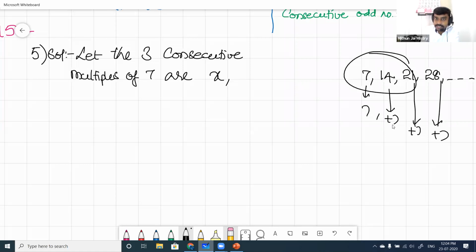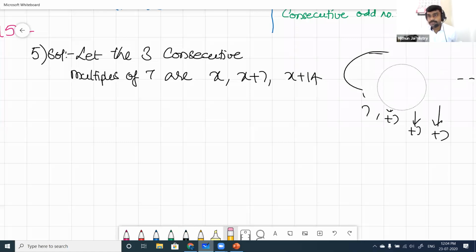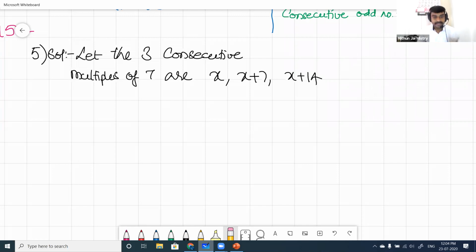So the second one will be x plus 7. The third one will be x plus 7, and to that again 7, so plus 7 plus 7, it will be plus 14. So simply here I can write x plus 14. This is how we are getting the 3 consecutive multiples of 7. I hope you understood, right? Now let me rub this one so that I can move ahead. Once again back to the question.